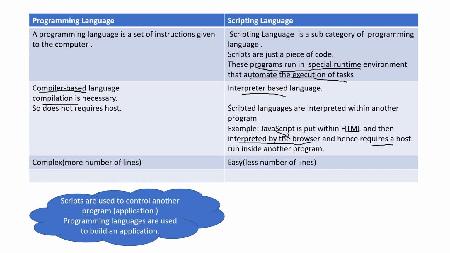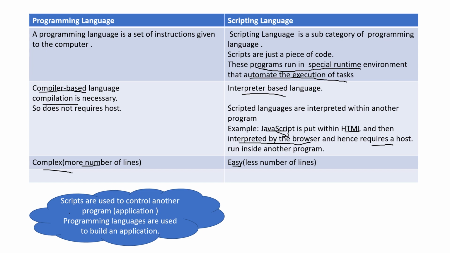So this was the next difference, and the last difference, which is common, you understood that a programming language is complex because you are building the complete application from scratch, so the number of lines is more, whereas here you're just using it to control specific tasks.